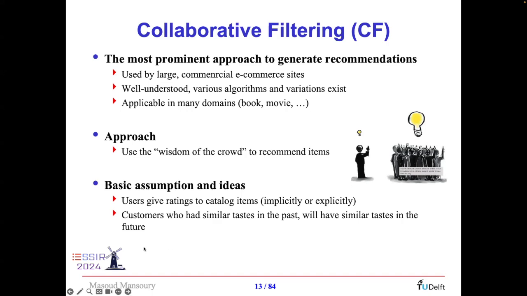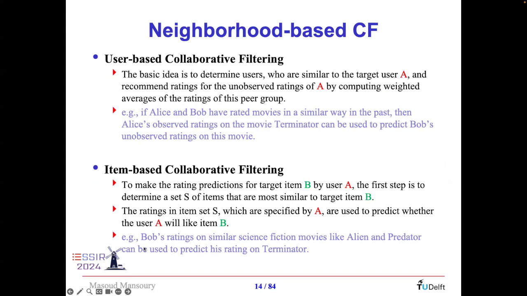One group of the algorithms in collaborative filtering is neighborhood models. There are two forms of algorithms in this category: user-based neighborhood models, or user-based collaborative filtering, and item-based collaborative filtering. In user-based collaborative filtering, we leverage the opinions of the neighbor users of a target user to predict the rating or generate recommendations for the target user.